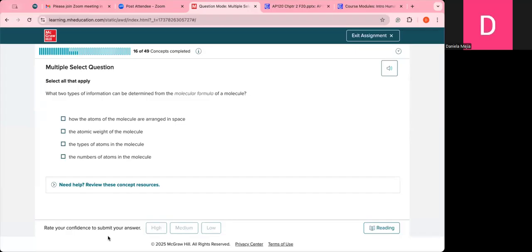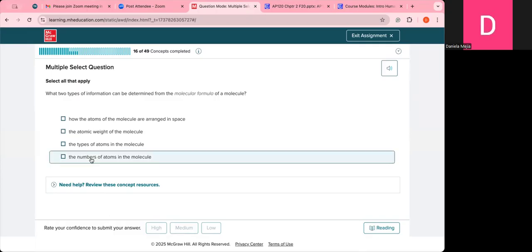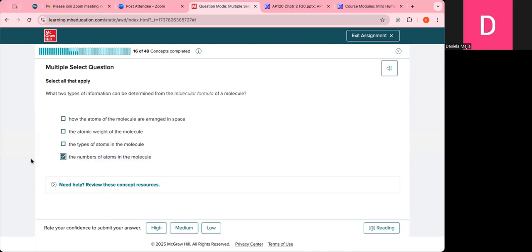Two of those answers are correct. The molecular formula of a molecule. Would it be the number of atoms in the molecule? I believe so. There's two answers that they want.